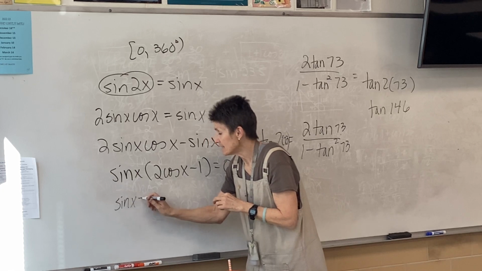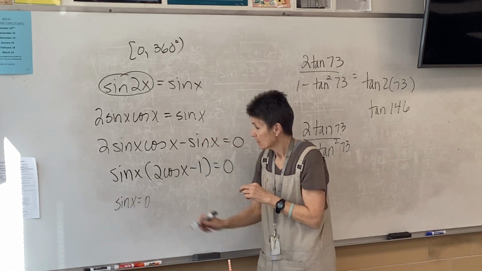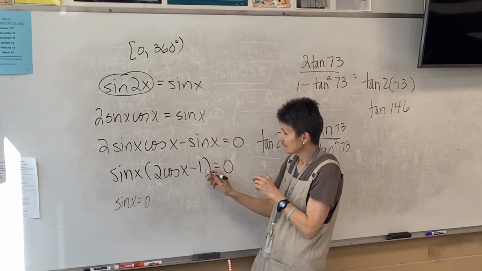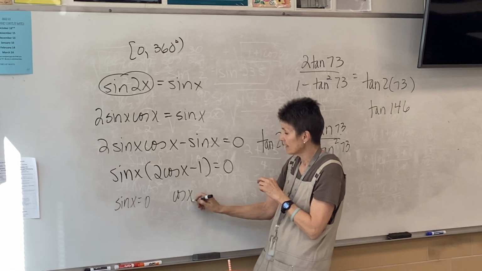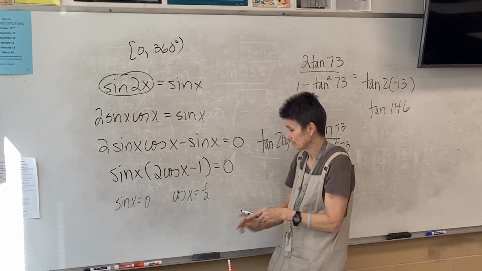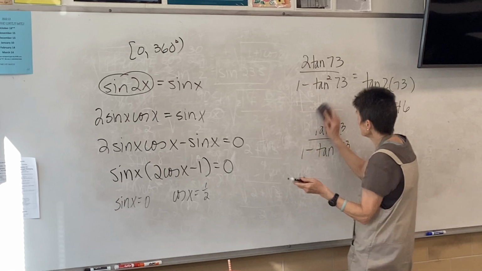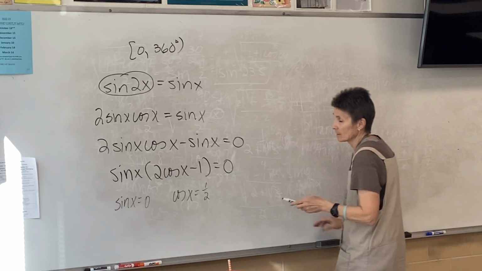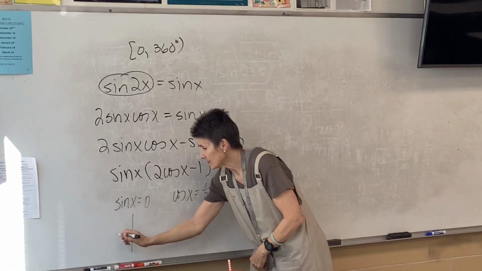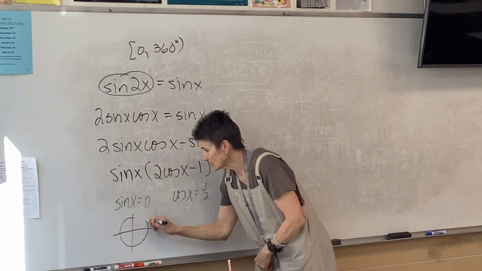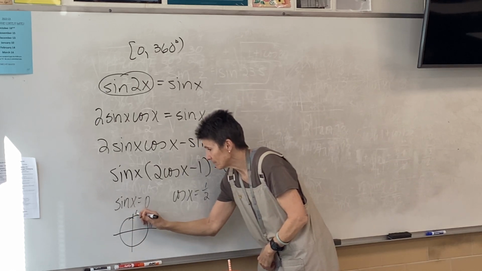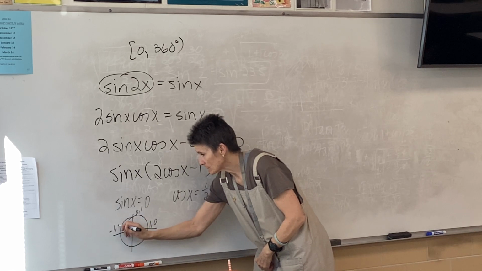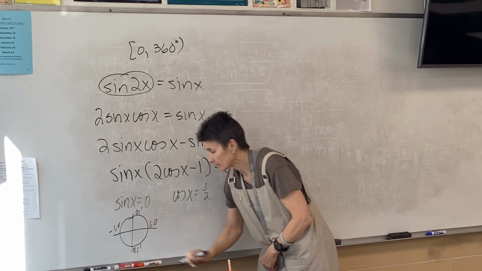So sine equals 0. Or, I'm going to set this equal to 0. Cosine equals 1/2. And then it's just like the ones we've been practicing. Where does sine equal 0? Remember, if it's a 0, we're somewhere on our circle.